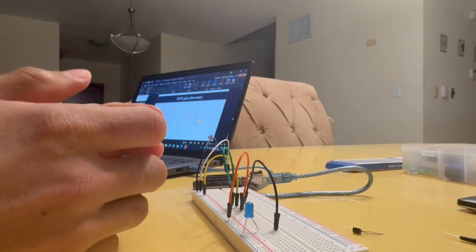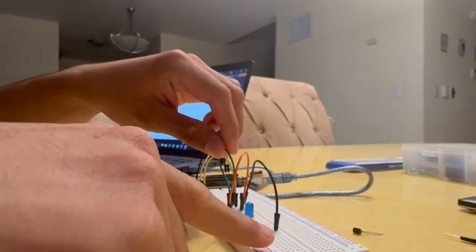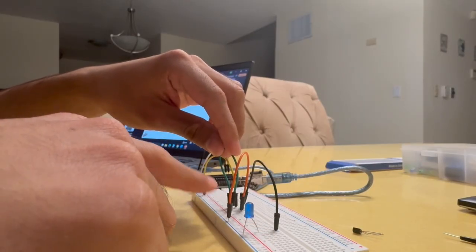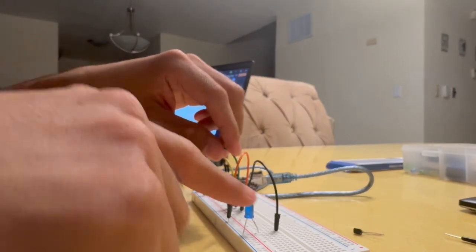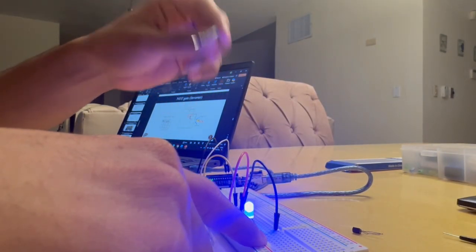Basically, the whole system would operate on this switch right here. For the whole system to run the current over to the LED and turn it on, the switch has to be taken off. The switch is off.